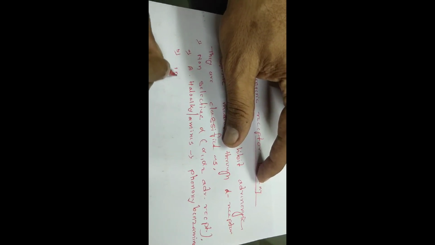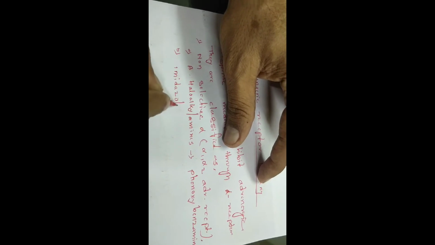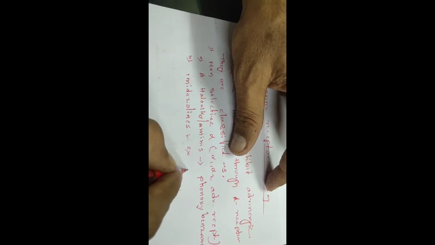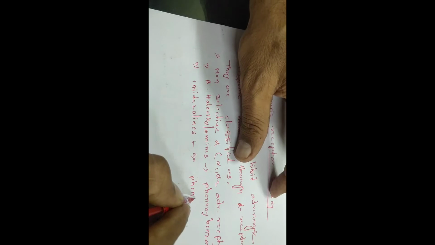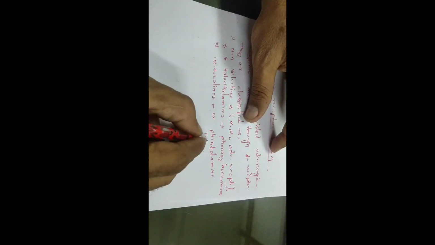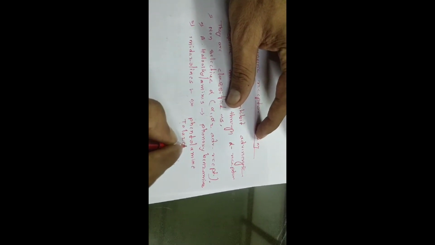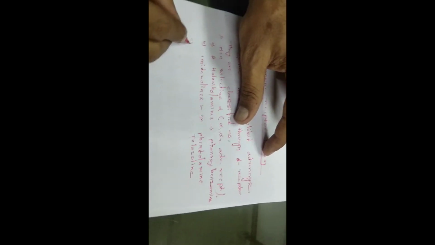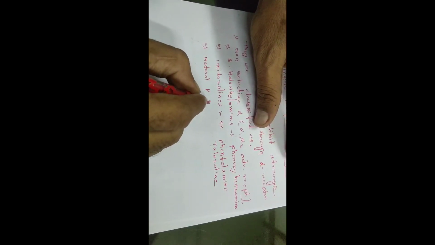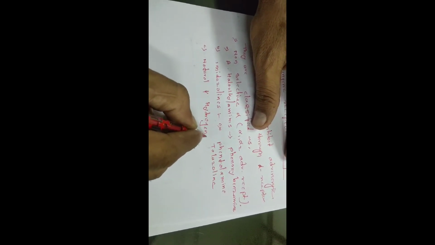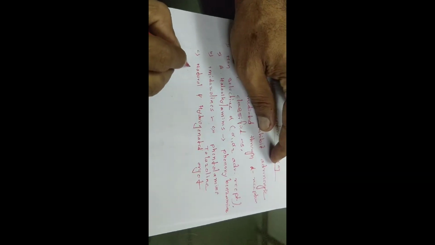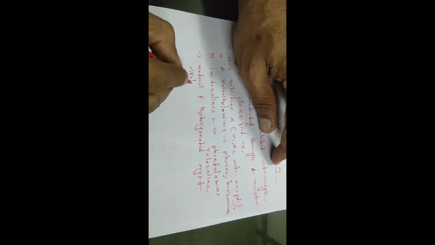Second class, imidazolines. Example, phentolamine, tolazoline. Third, natural and hydrogenated ergot alkaloids.